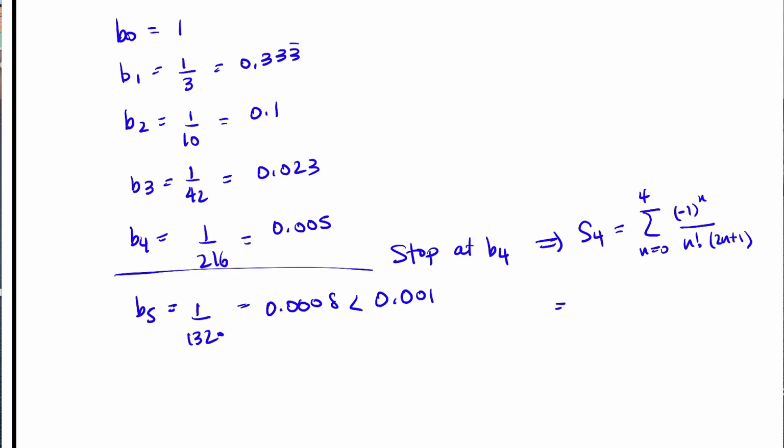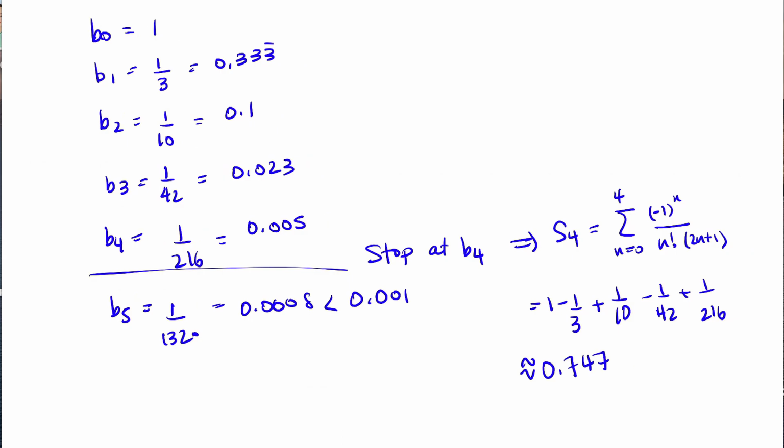It's equal to 1 minus 1 over 3 plus 1 over 10 minus 1 over 42 plus 1 over 216. This is approximately equal to 0.747, accurate within 0.001 according to the alternating series estimation theorem, okay?